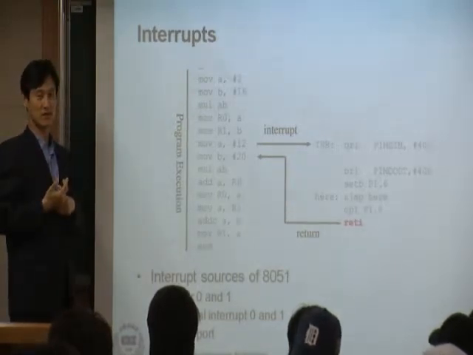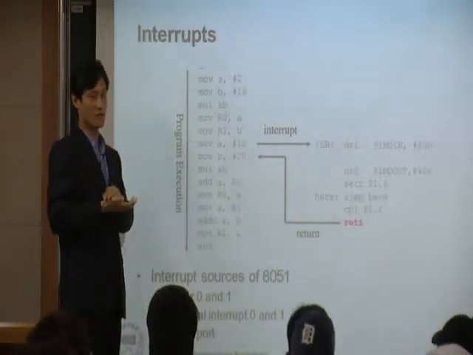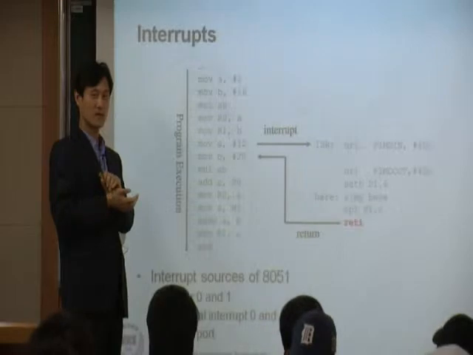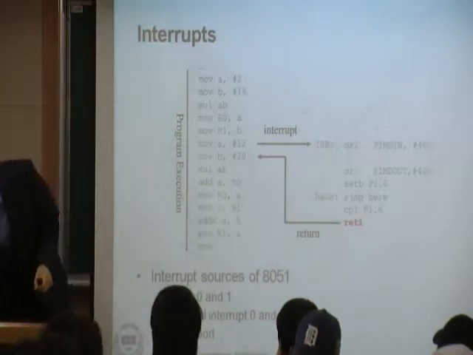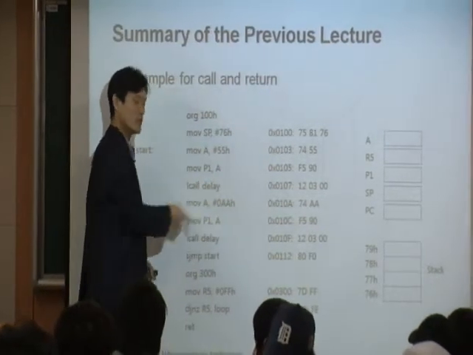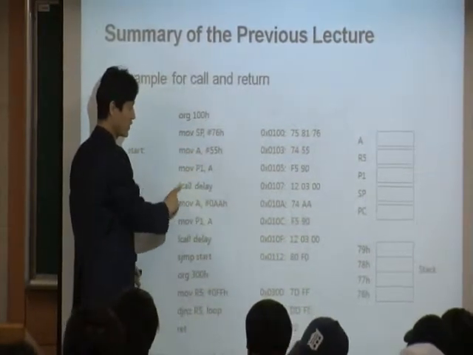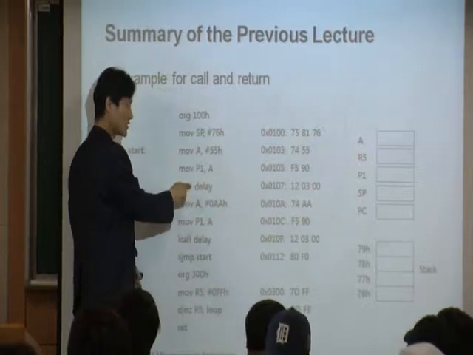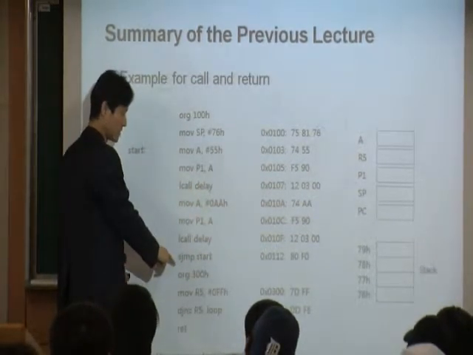What is different? Compare the interrupts with the call and return. What is the difference? There is no call instruction. Exactly. In the call and return, we know when we jump, because we have a call instruction, so this is where you jump.